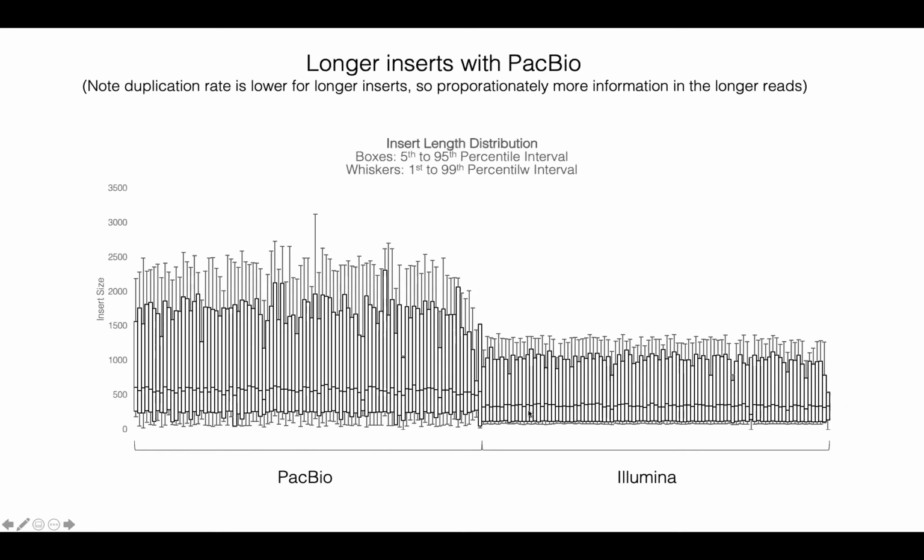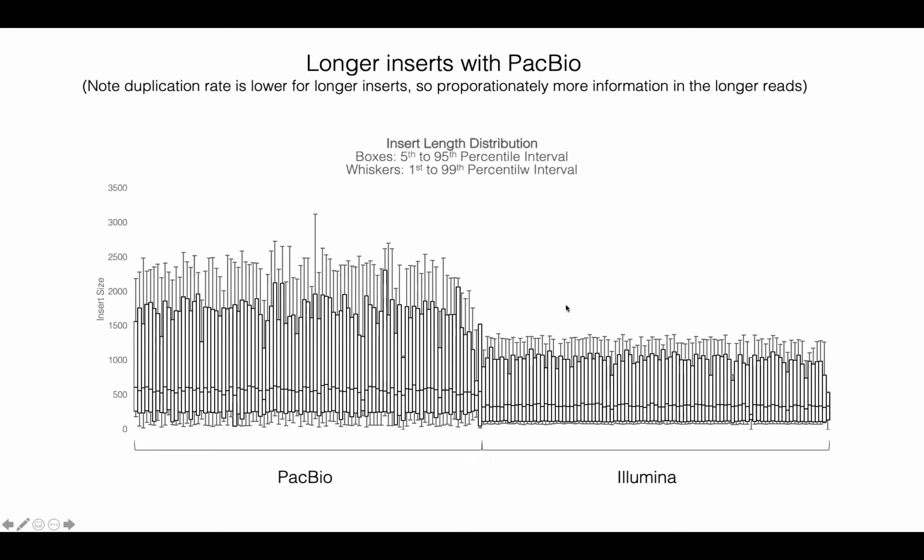So whereas for Illumina our insert size is around 350 bases, with PacBio without any optimization at all, the mean insert size is around 600, with plenty of reads that go out to 1,500 and even 2,000 bases long.